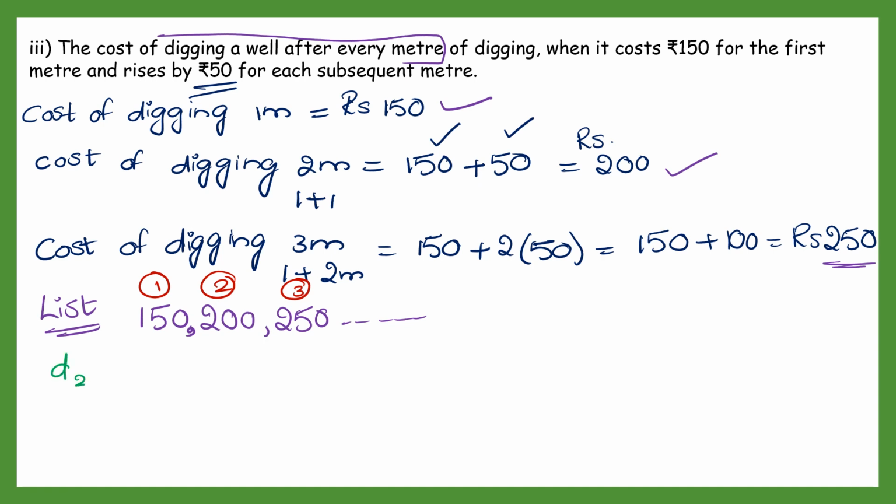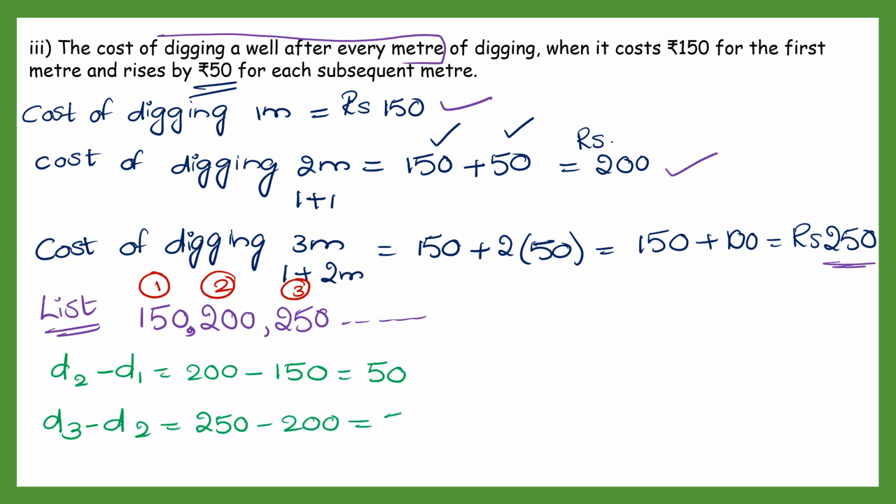Difference between the second number and the first number: 200 minus 150. It is 50. Now the difference between the third number and the second number: 250 minus 200. You get 50.